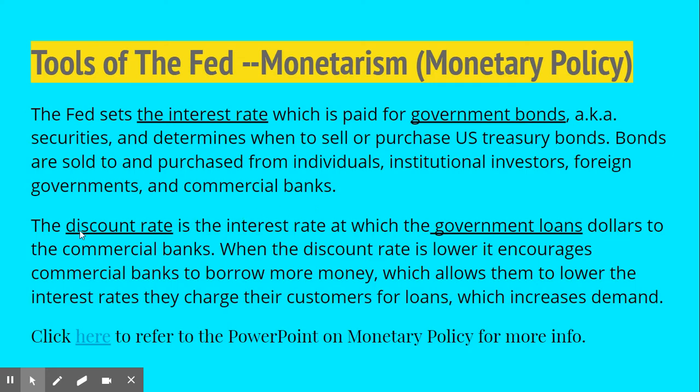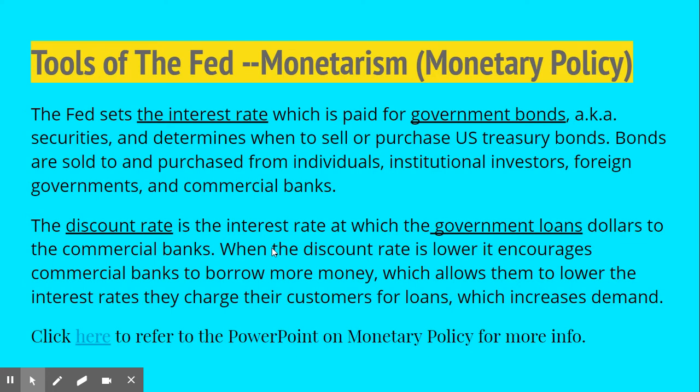The discount rate is the interest rate that determines the amount of interest charged by the Federal Reserve to banks. When banks borrow money from the Federal Reserve, this is the amount of interest charged to that bank. We'll get into later why they would borrow that money.